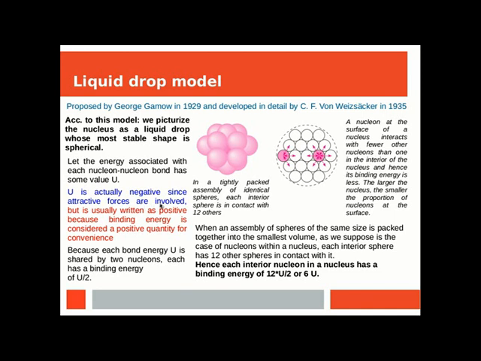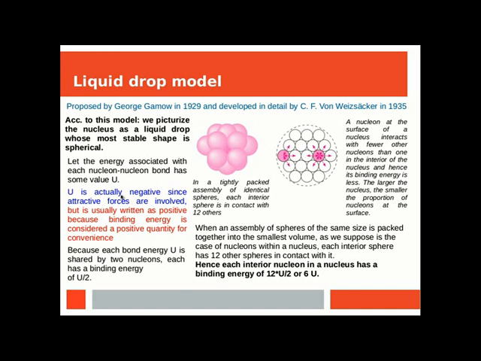But for convenience and convention, we shall take U as positive, because we are considering binding energy as positive, since binding energy is defined experimentally as the energy that is required to be supplied to a nucleus for breaking it apart into its constituents. So in this entire discussion we shall consider the binding energy to be positive instead of negative, though it is associated with attractive forces, but this convention is used in nuclear physics.